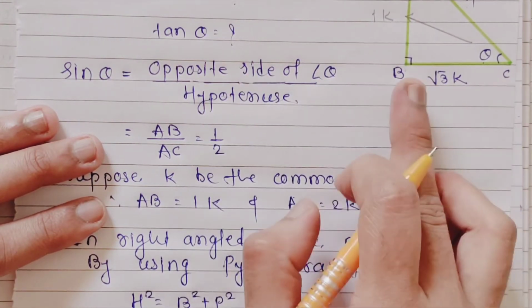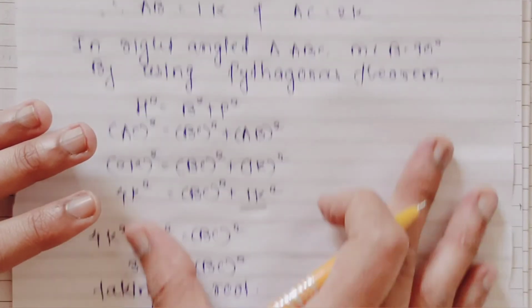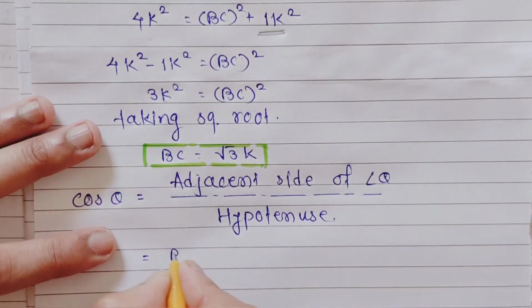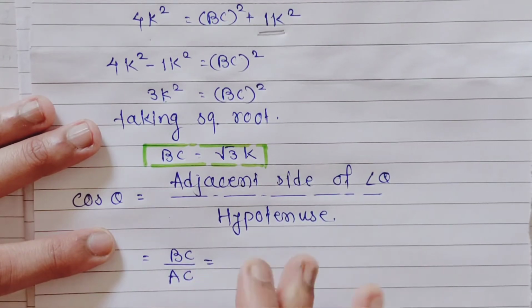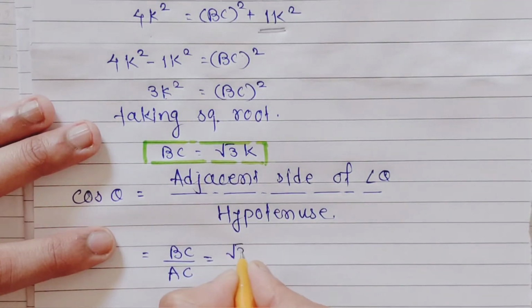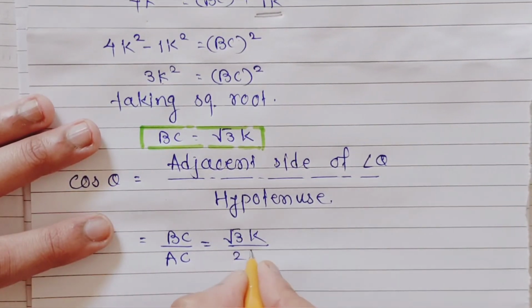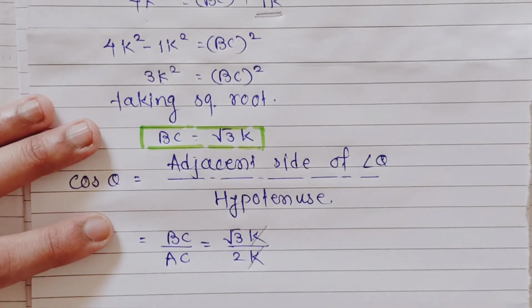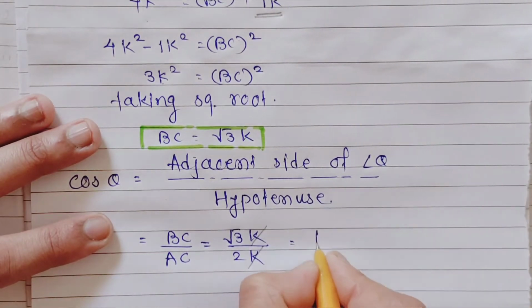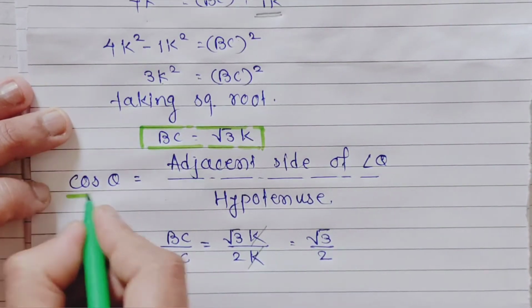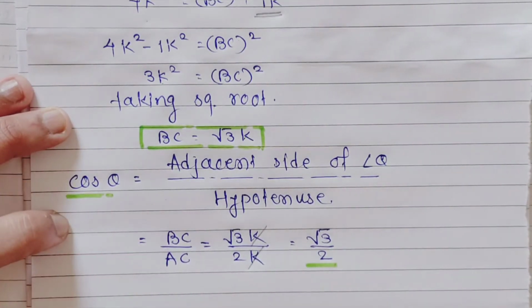That means ratio is BC upon AC. So we can write cos theta is equal to BC upon AC. So length of BC is root 3k upon length of AC, it is 2k. So k will cancel with k. Remaining root 3 upon 2. It is nothing but cos theta. Cos theta is equal to root 3 upon 2.